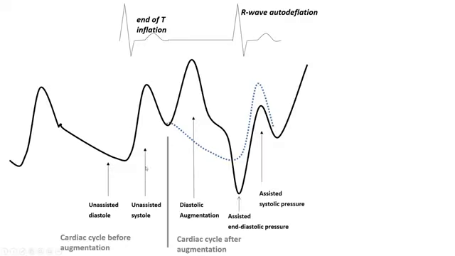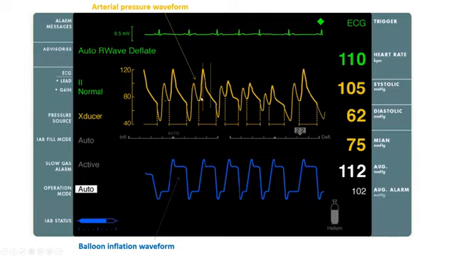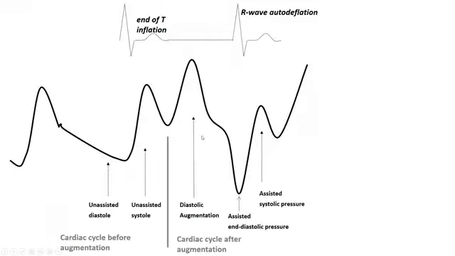Now, how do you do that adjustment? Once you're augmenting 1-to-1, it's hard to tell whether you're augmenting properly, whether your diastolic and systolic pressures have declined compared to before augmentation. So the way to compare that is to go under 1-to-2 mode. And the machine will make adjustments of those pressures automatically.